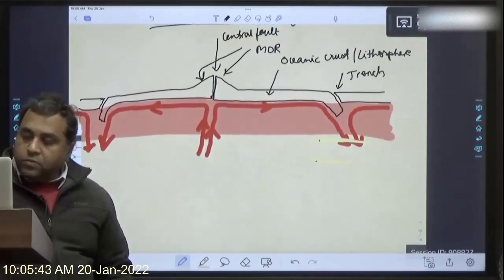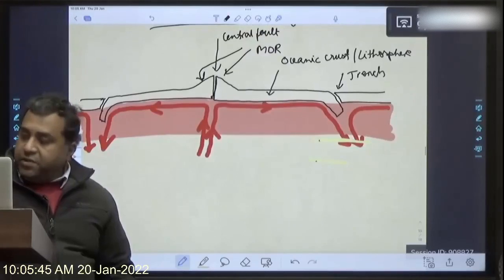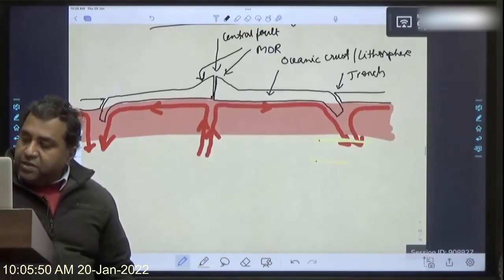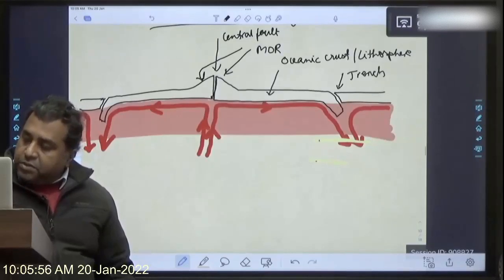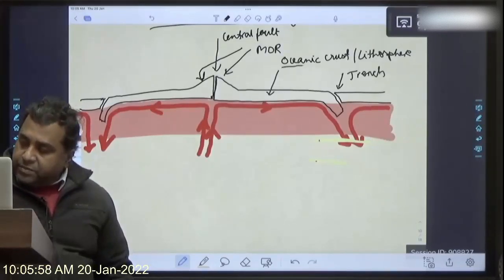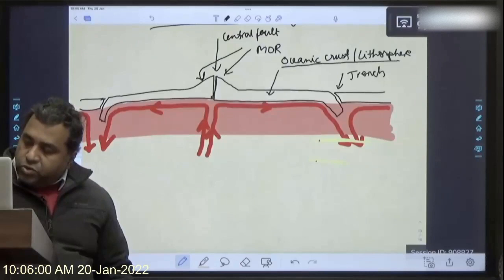Okay. So we have the central fault and the MOR, oceanic crust or lithosphere, and the trench, right? So oceanic crust or the lithosphere is here, also called as sea floor.